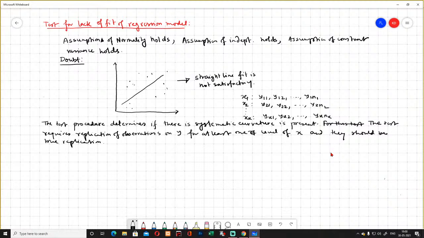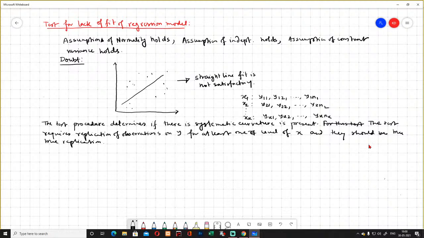So, they should at least one level of x, and they should replicate, they should be true replication.